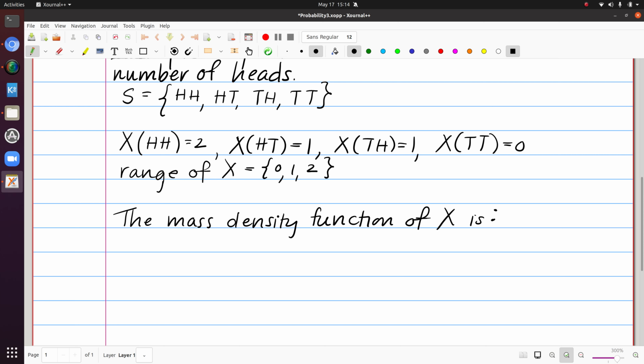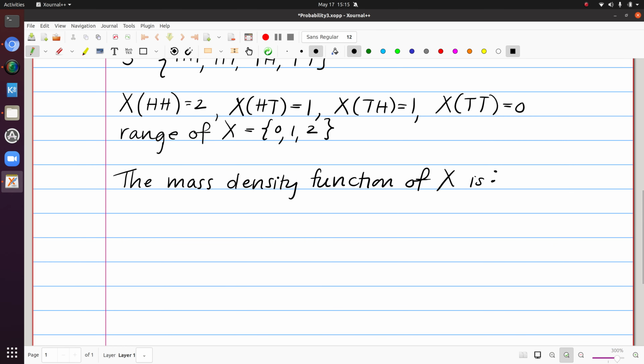Here, the domain of the mass density function is the range of x. So the domain is just the numbers 0, 1, and 2. We call that a discrete domain. So the weird part about finding that is you're not going to necessarily write down a function expression for that. If you have a discrete domain, it suffices to identify where that function sends each of the things in its domain.